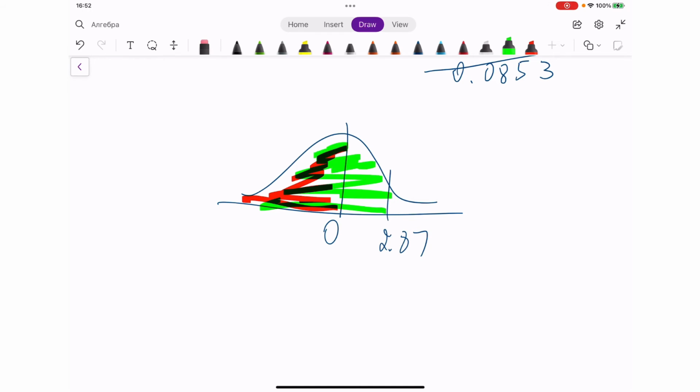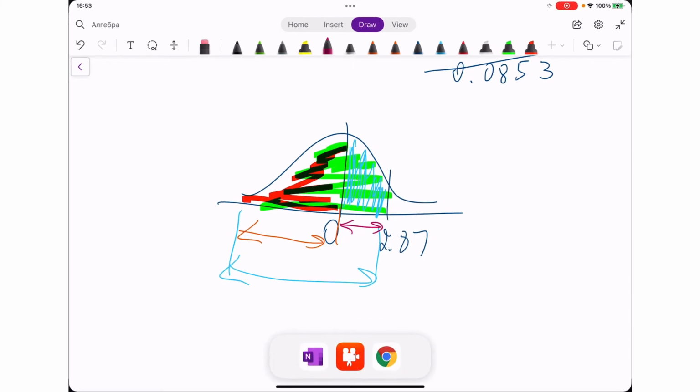Once I find both of them, I'm going to subtract them from each other, and that will give me this area between them. Because this piece minus this piece is going to give me this area, right? Okay, so let's work on it.